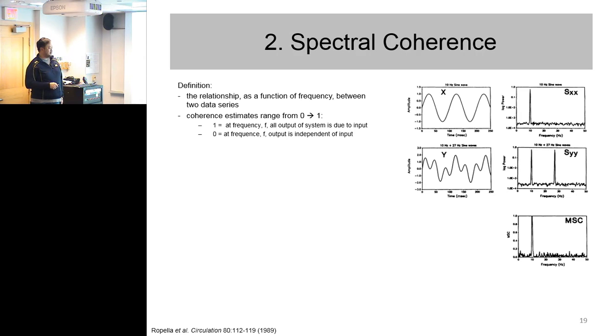If you look at the power spectrum of each of those waves, you'll see that you have a peak for wave X that corresponds to 10 hertz. For wave Y, you see two major peaks at 10 hertz and 27 hertz. When you plot the coherence function between those two waves, the only signal in common between the two is, of course, 10 hertz. And so you see this high, what's called magnitude squared coherence at 10 hertz.